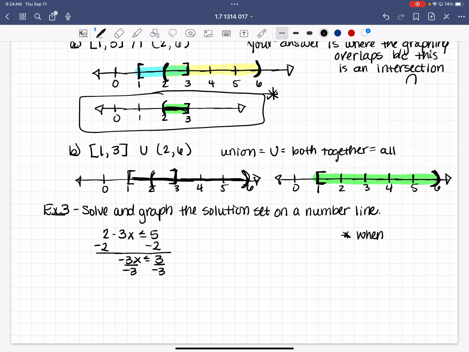When solving an inequality, if we multiply or divide by a negative, flip the inequality.